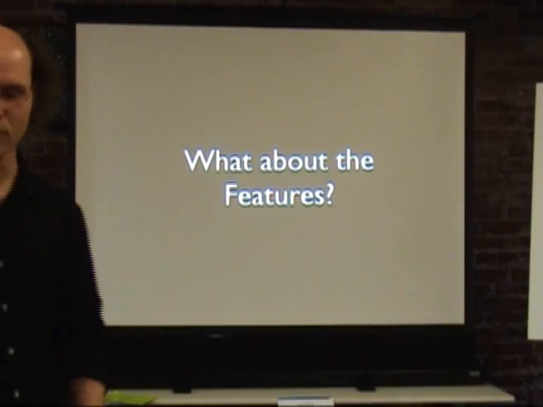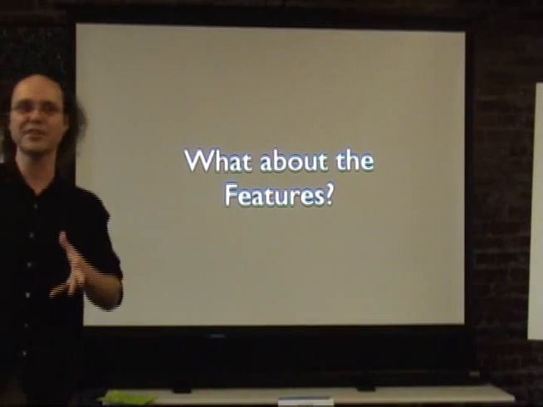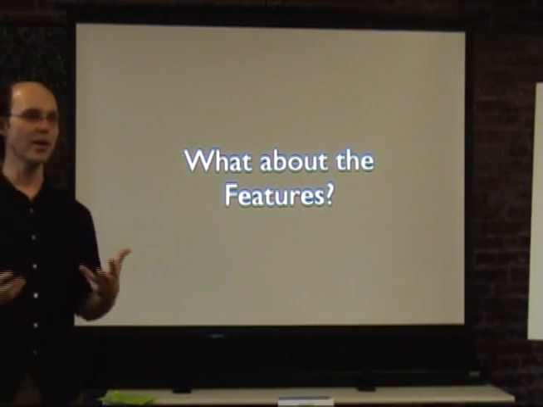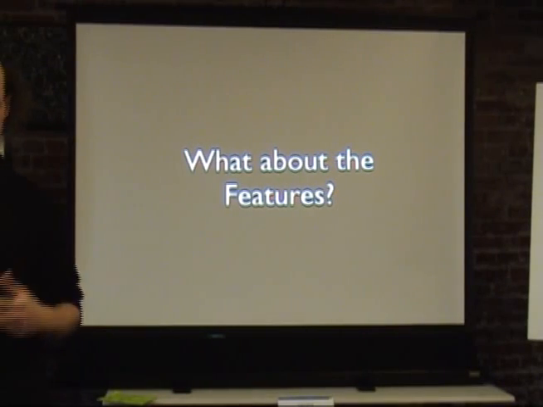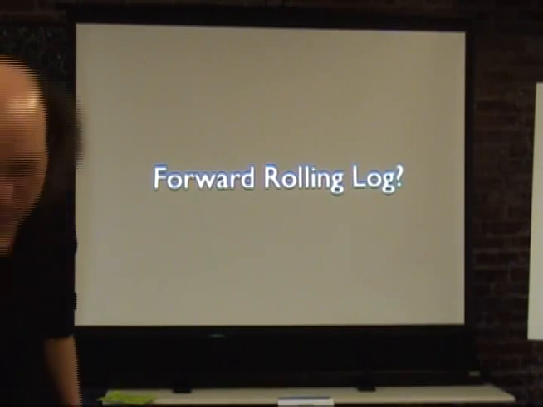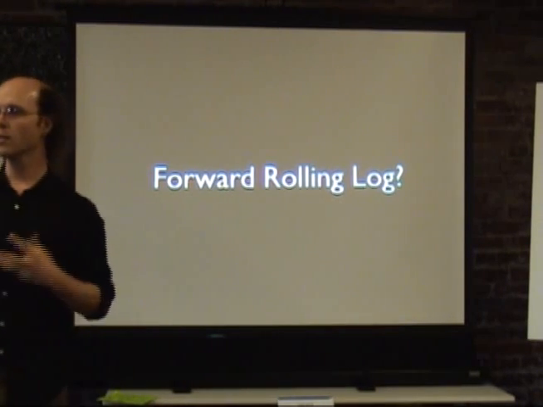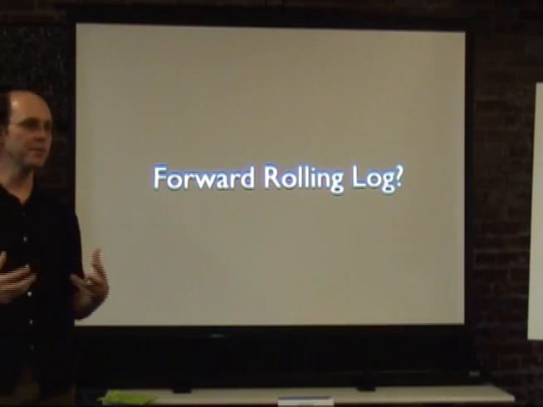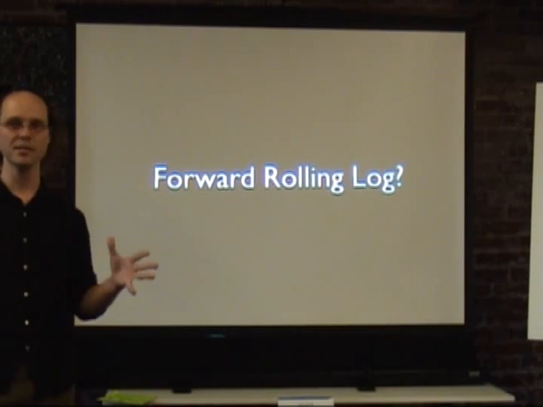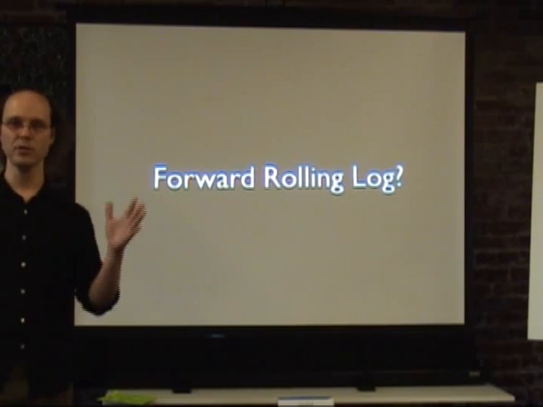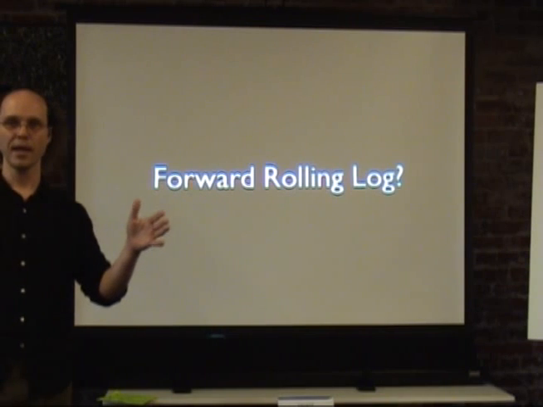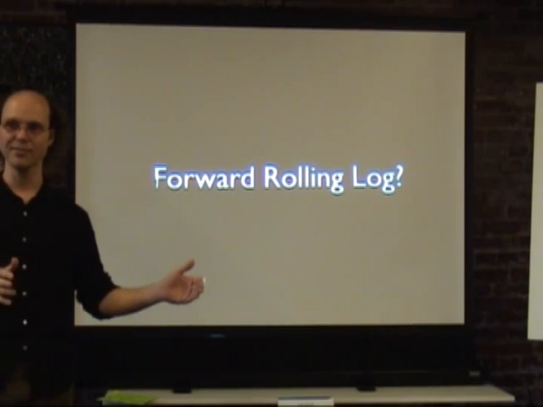On the same token, we talk about what the real features are in these NoSQL databases. In this case, they have what they call a forward rolling log. A lot of the NoSQL databases have been implemented with the concept that you take data and apply it onto a log, and you have more data and you keep applying it to the log.